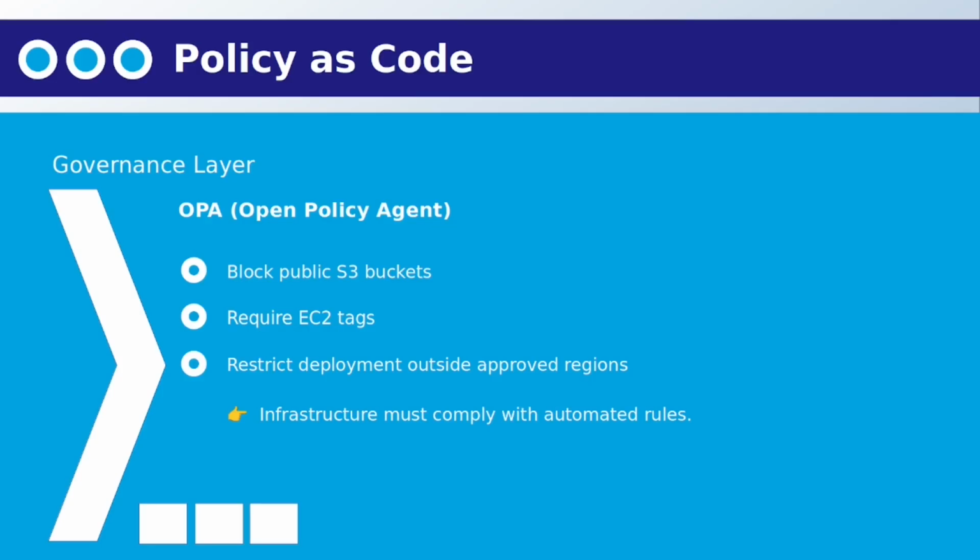Instead of manual security review, the pipeline enforces rules automatically. If policy fails, deployment stops. This is security in action. Security is not an afterthought, it is integrated into automation. Infrastructure must comply before it is created.